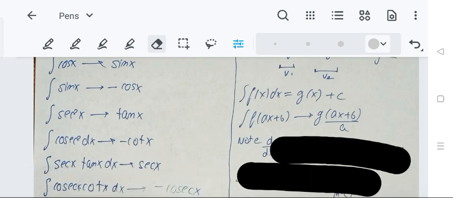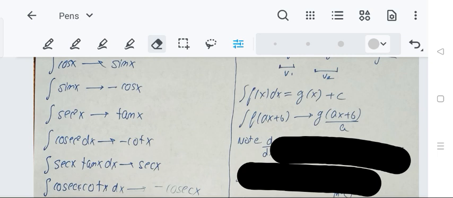See, suppose f(x) is there, and you integrate f(x), you get another function g(x) plus some constant c. Now you replace x by ax plus b in f and integrate. Now you will get the same function g, but x will be replaced by ax plus b.